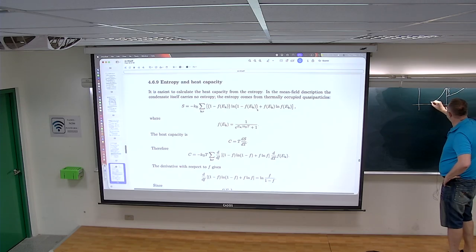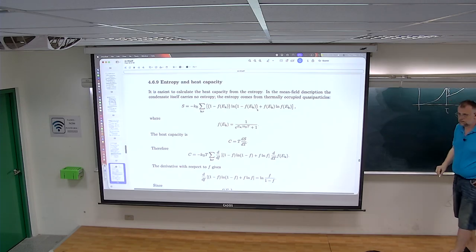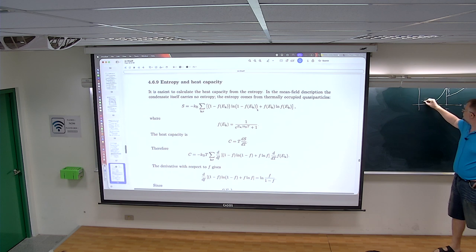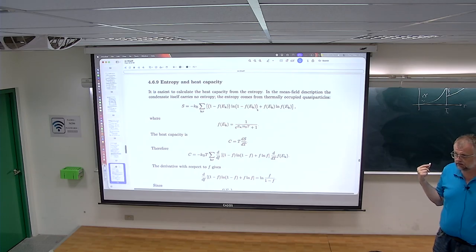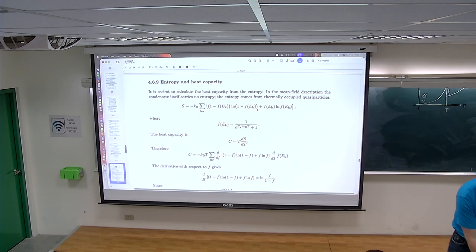And here it goes exponentially to zero. So this is exponential, and here is a jump. And this we are going to derive. And you will see that BCS theory has the answer for that. So let's make the calculation.